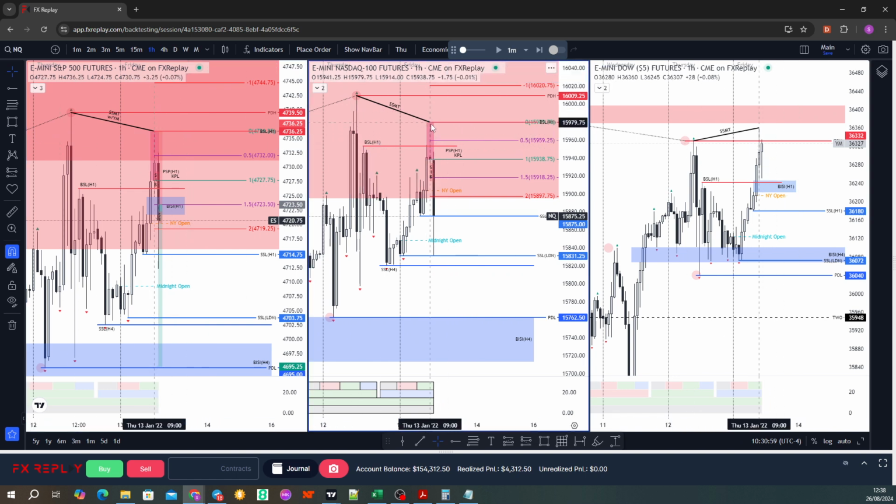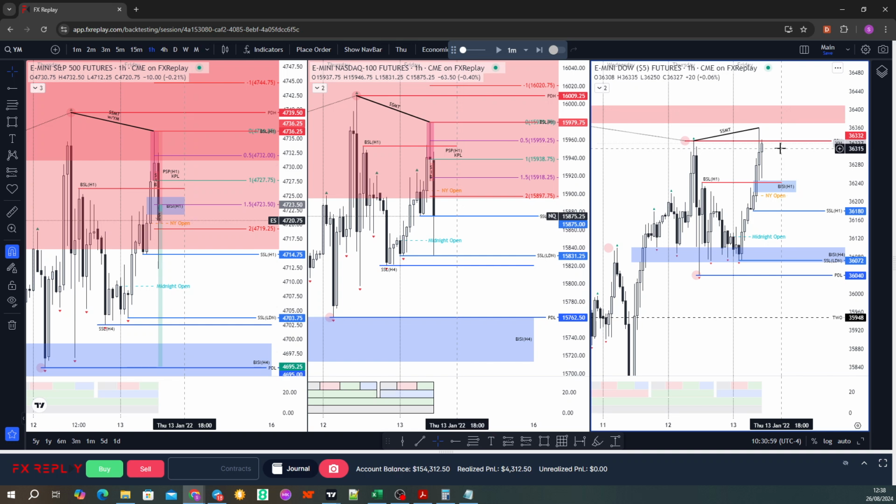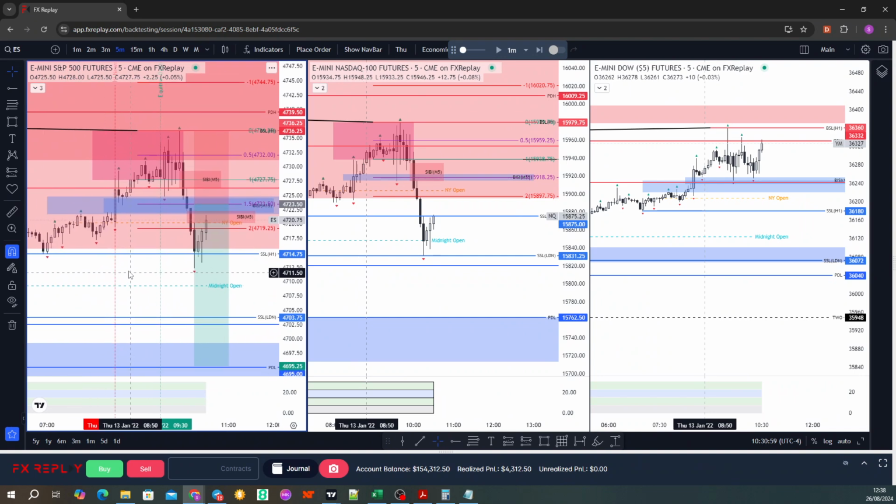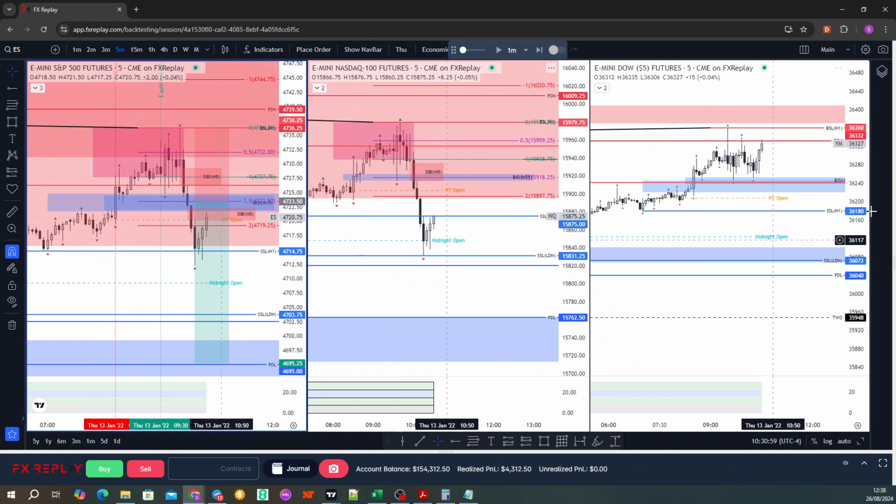But I'm just going to reference those on the basis that YM may want to go back to that level. Okay. Not fully what I was anticipating, but we've got a consolidation here. It might want to go and run that, and then we get the move. It's still early. It's only 10:30.